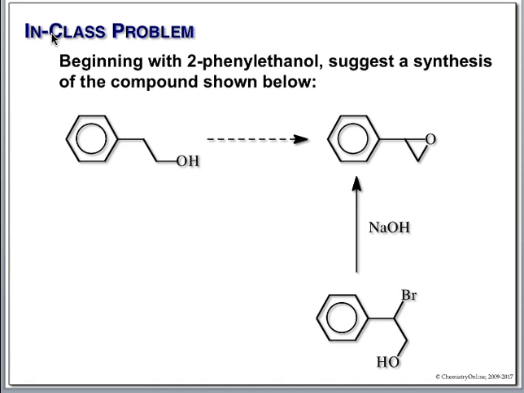So we could do it this way. OH bonded to 1 carbon, halogen to the other. Stew it up in base, alkoxide attacks, bromine leaves, and poof, we have the epoxide. All right, how do we make halohydrins?